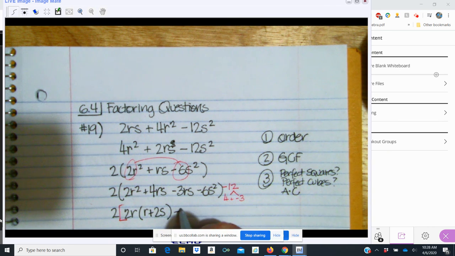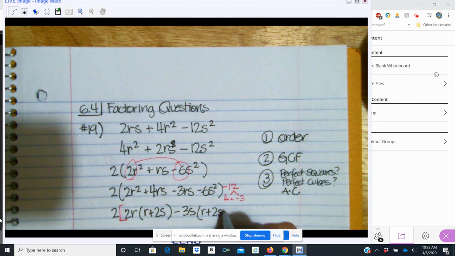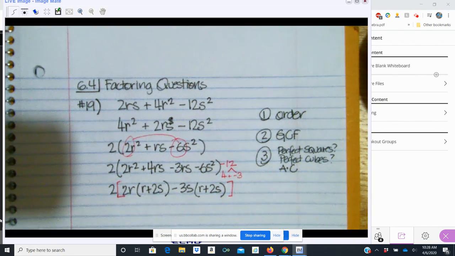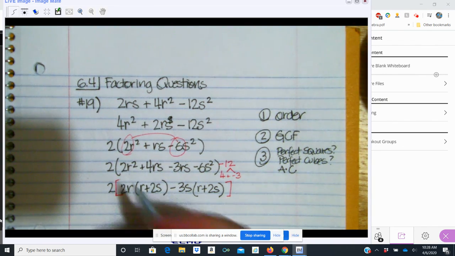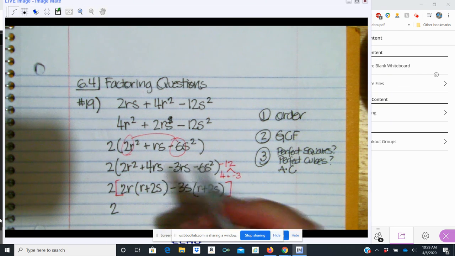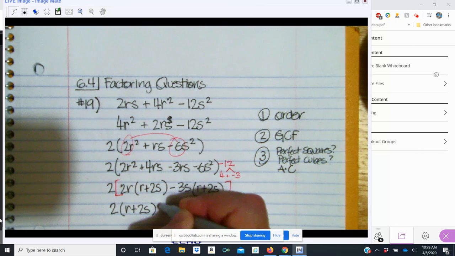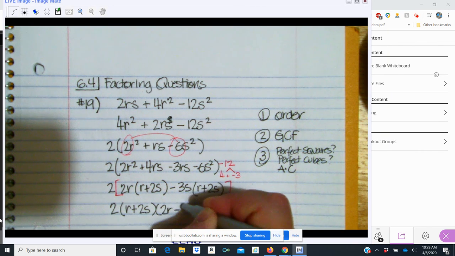I can pull out a minus 3S, R plus 2S. This leaves me with a 2, R plus 2S, 2R minus 3S.